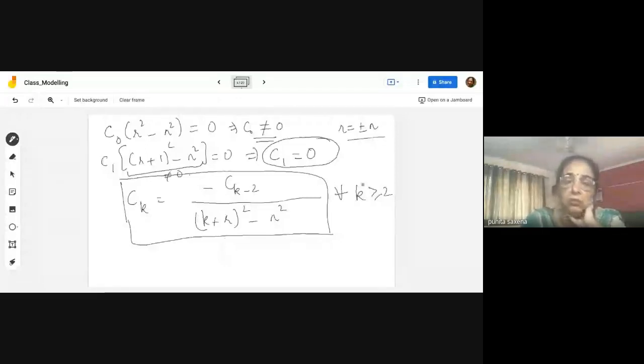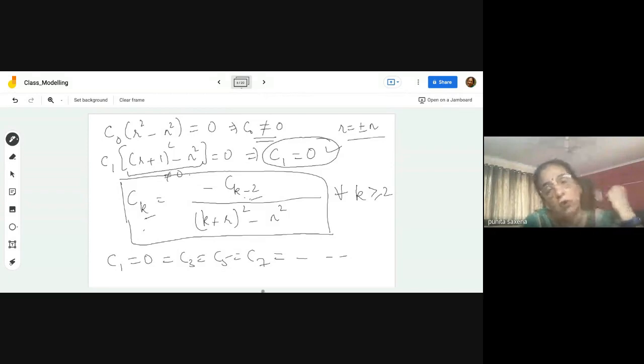Okay. So from here, because c1 is 0, you can see your c3 will be in terms of c1, your c5 will be in terms of c3. So basically, because c1 is 0, your c1, c3, c5, c7, all your odd coefficients are going to be 0.